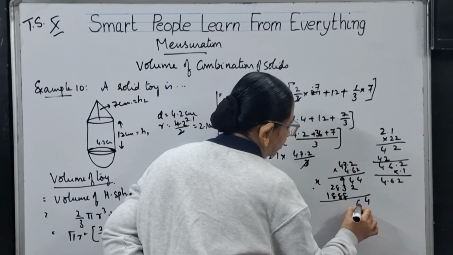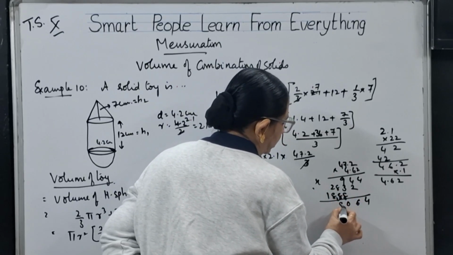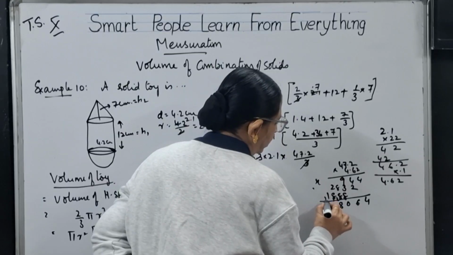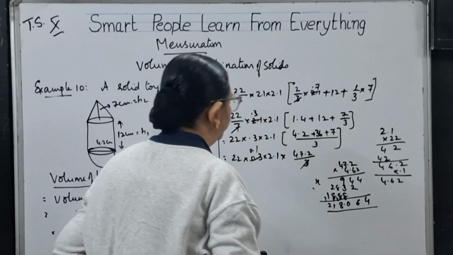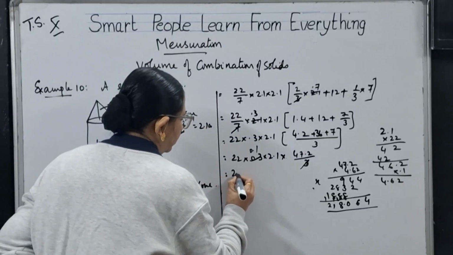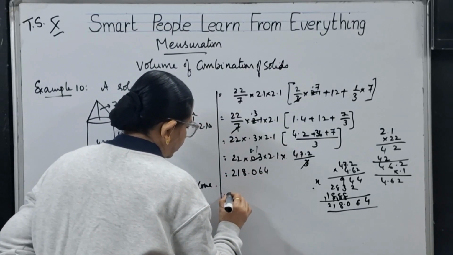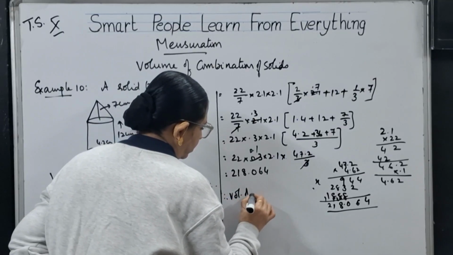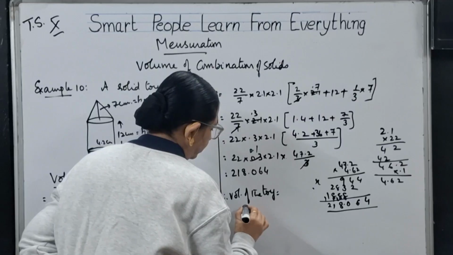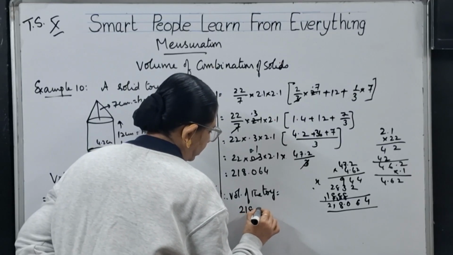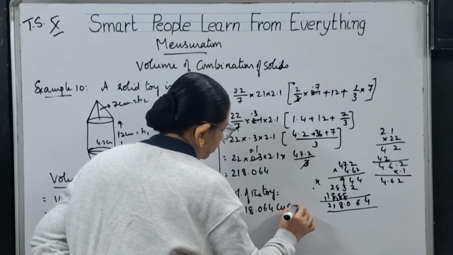So adding up, 218.064. So volume of the toy is equal to 218.064 cubic centimeters.